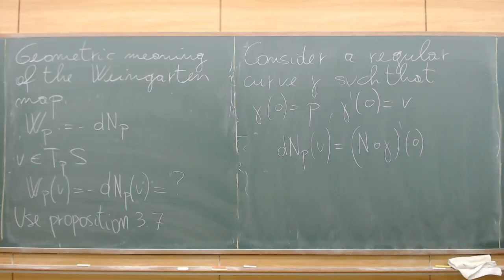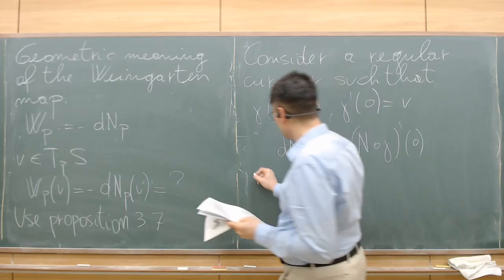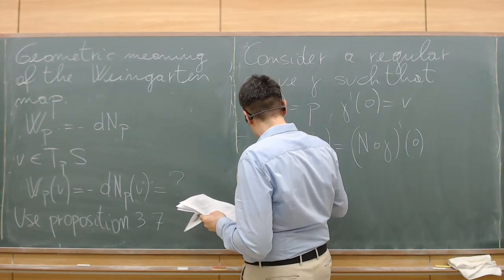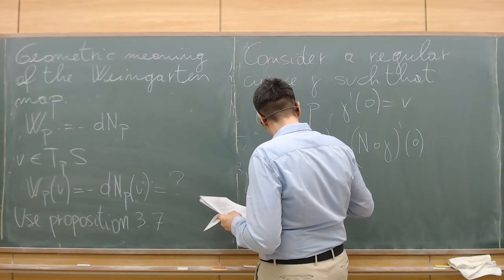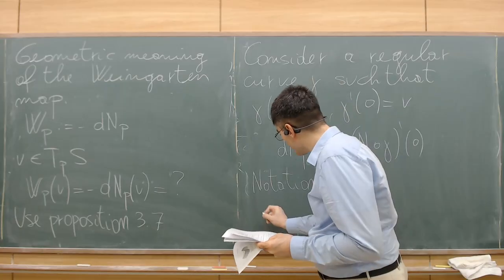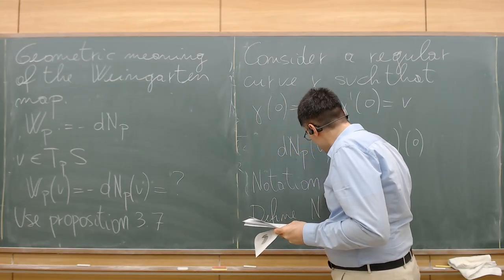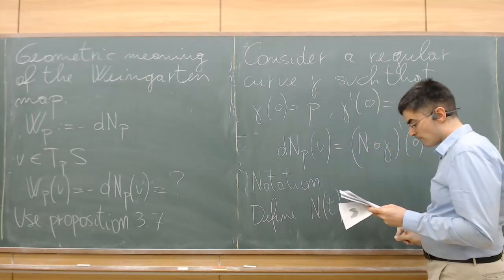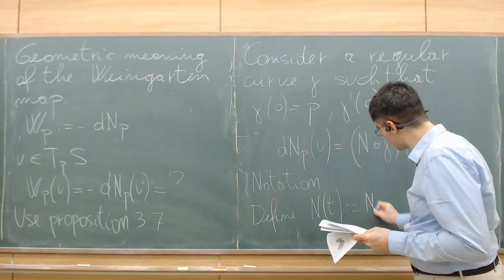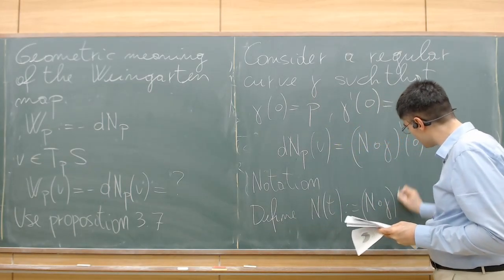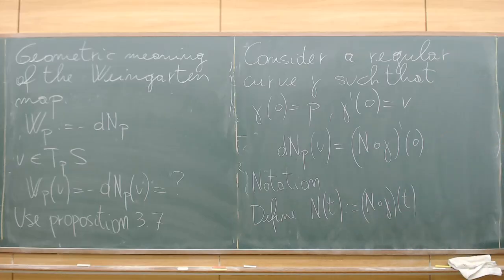We can use another notation: define n of t as n composite gamma of t.